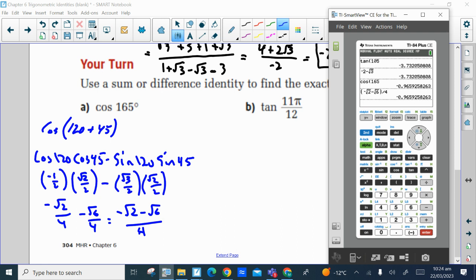So it checks. We've just shown that the answer we got is correct, but we got our answer as an exact value, which is what we were asked to do.